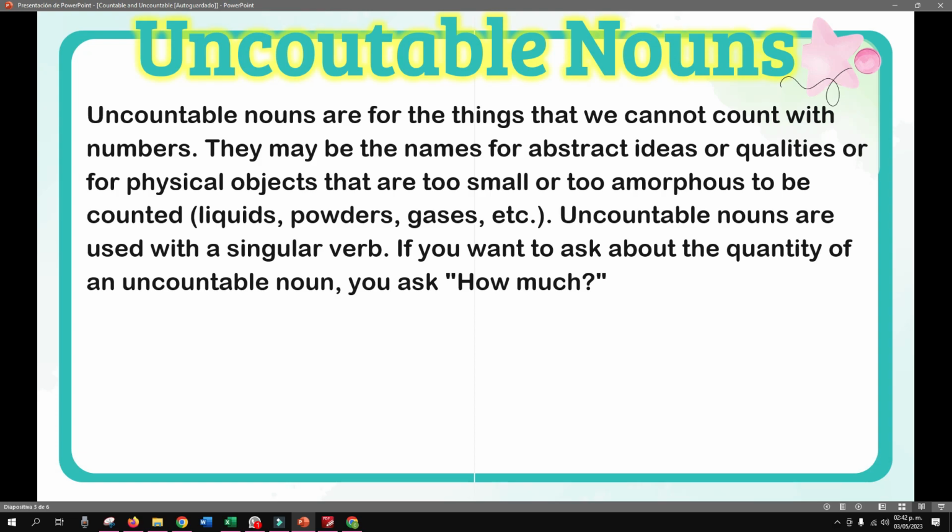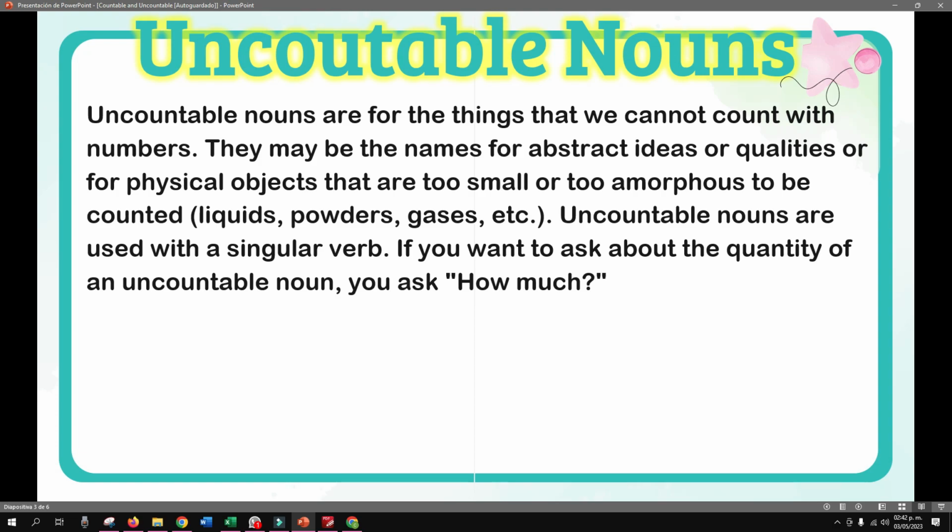Entonces ya necesitamos otras medidas para contarlos, o medidas de peso como una libra, una bolsa, un saco. Si hablamos de líquidos que tampoco se pueden contar, podemos utilizar litros, una botella, una taza, etcétera, ¿verdad? Entonces, esos son los uncountable nouns.